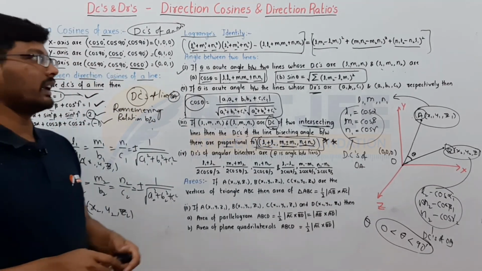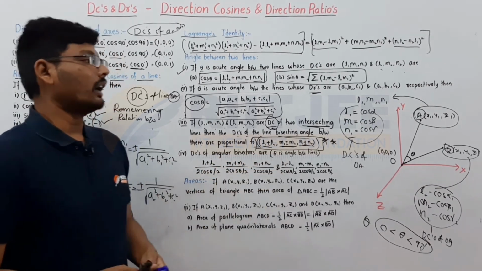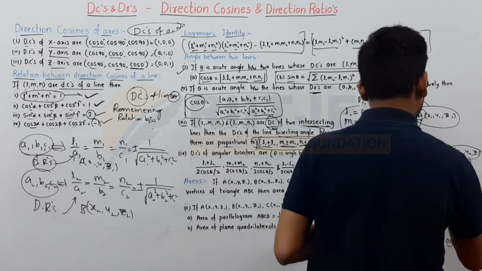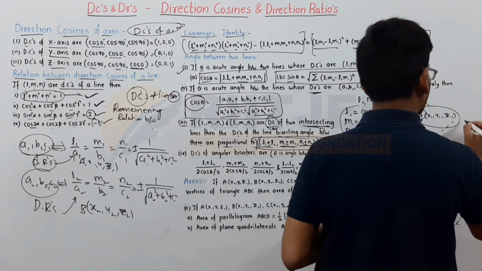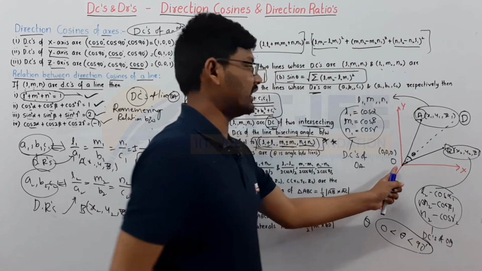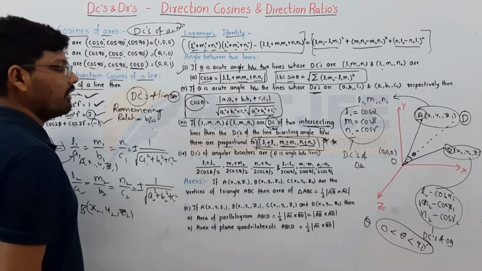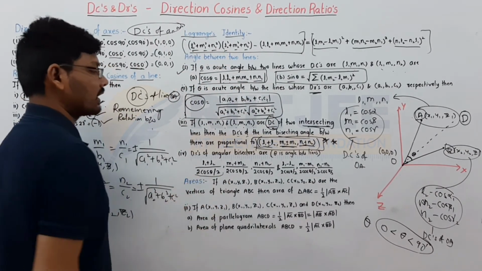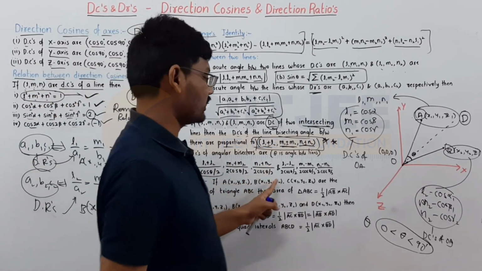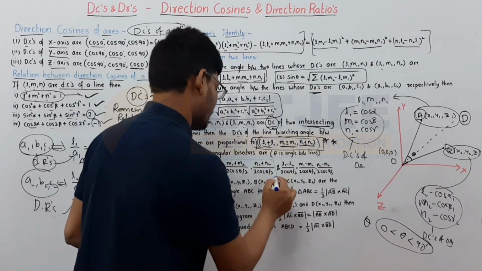And the final point in angle between two lines: DCs of angular bisector. This is the angular bisector here, OD, the dotted line, called the angular bisector of theta. Then l1 plus l2 by 2 cos theta by 2, m1 plus m2 by 2 cos theta by 2, n1 plus n2 by 2 cos theta by 2, this is one angular bisector.